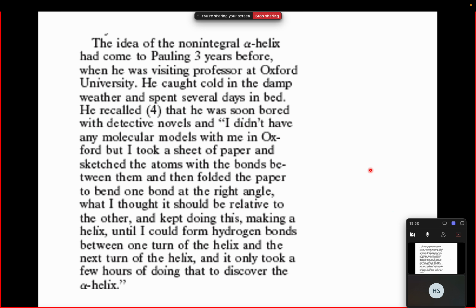The idea of the non-integral alpha helix had come to Pauling 3 years before, when he was a visiting professor at Oxford University. He got cold in the damp weather and spent several days in bed.